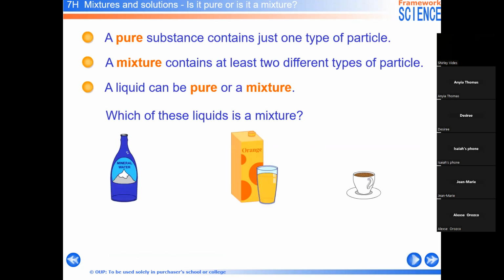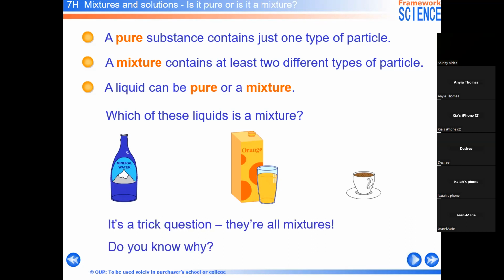All right, so in this case, I just gave you one of these, but which of these are mixtures? Coffee. Coffee, yes, definitely. What about orange juice? Yes. So that means all of these are mixtures, right?